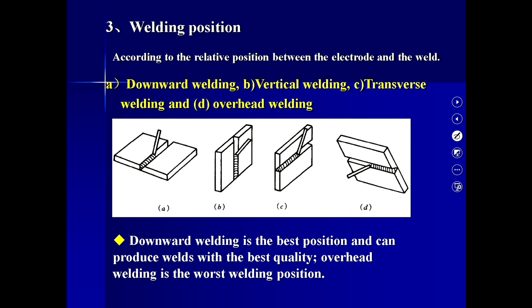You know why? The downward welding is like this one, and during the welding process the material will fill the whole zone, but in overhead welding, the material will drop down here and lose some.